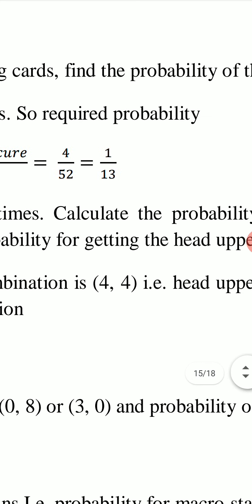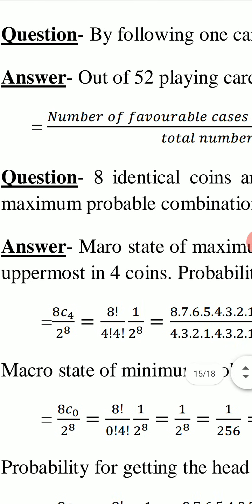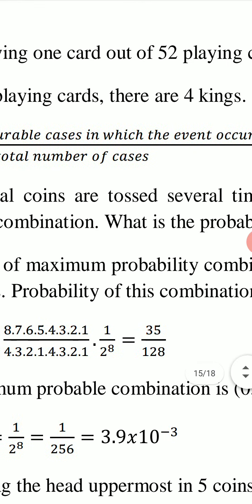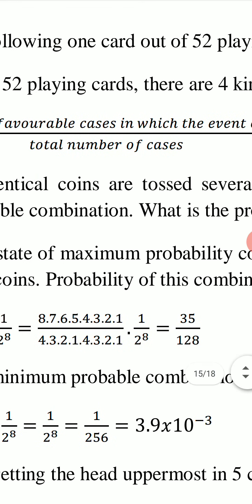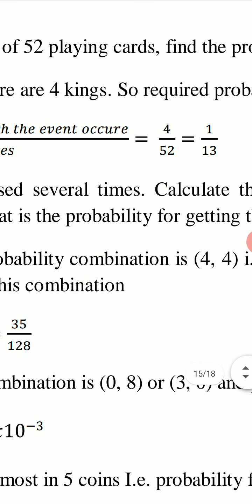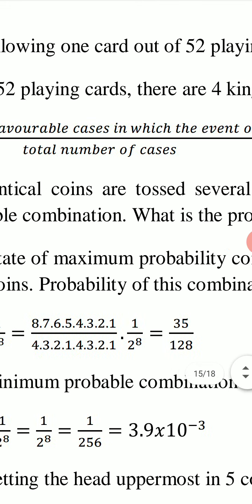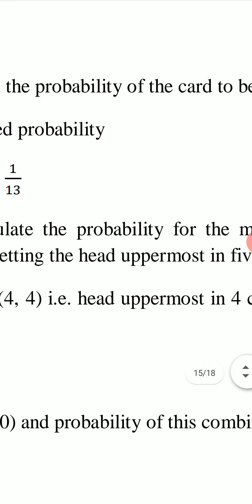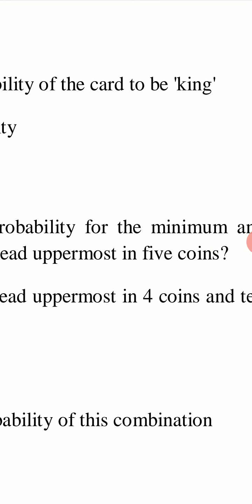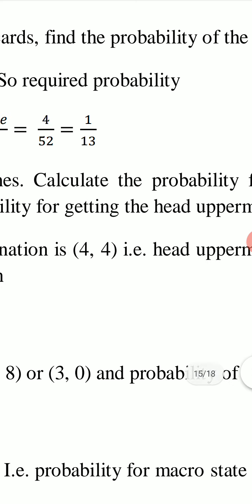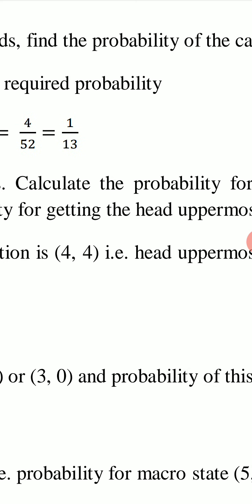So, required probability is equal to number of favorable cases in which the event occurs divided by total number of cases. It is 4 upon 52. So, probability of the card to be king is 4 upon 52, that is 1 upon 13.